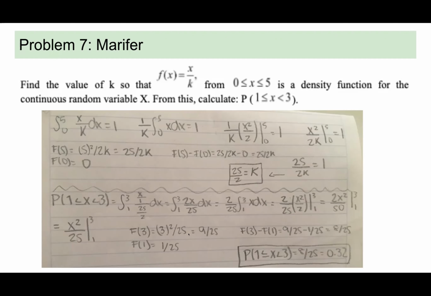So for the second part of the problem, we have to find the probability of that interval, that the value of x will be in this interval. So for the limits, we use 3 and 1. And then, as you remember, we have here x over k, but we already have k and it is a fraction.